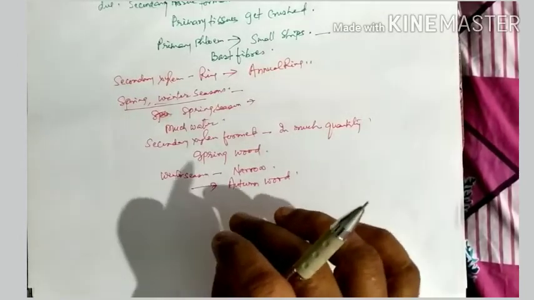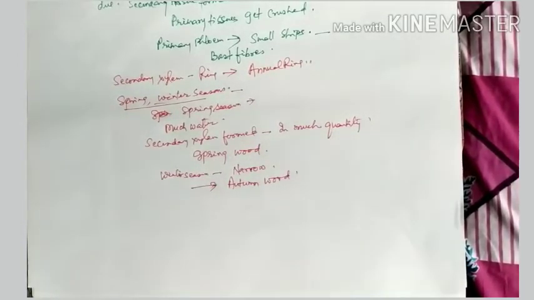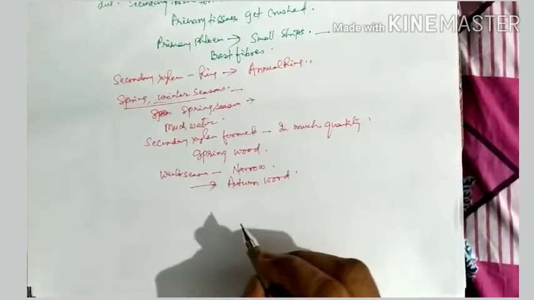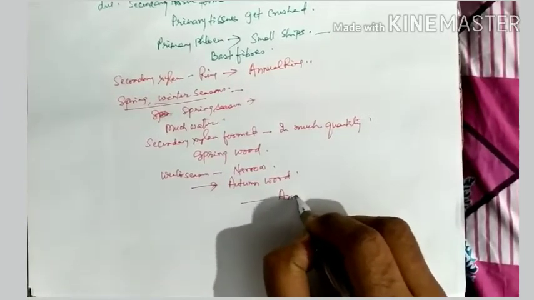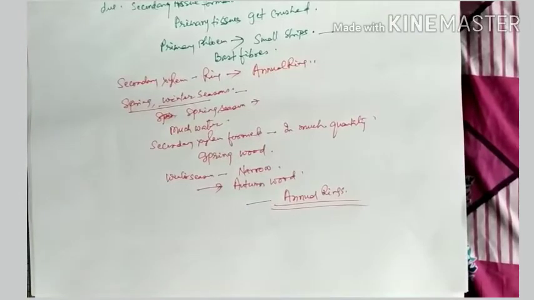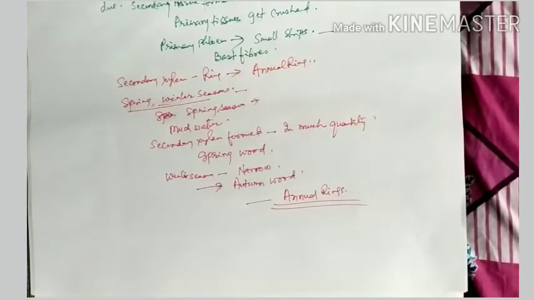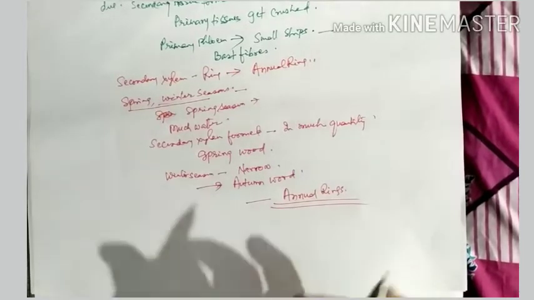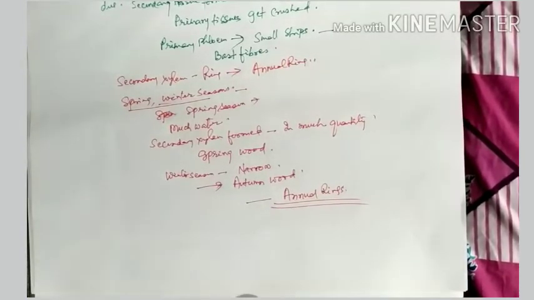Together, the spring and autumn wood are known as the annual ring, in which the autumn wood is not much visible and the spring wood is very visible.